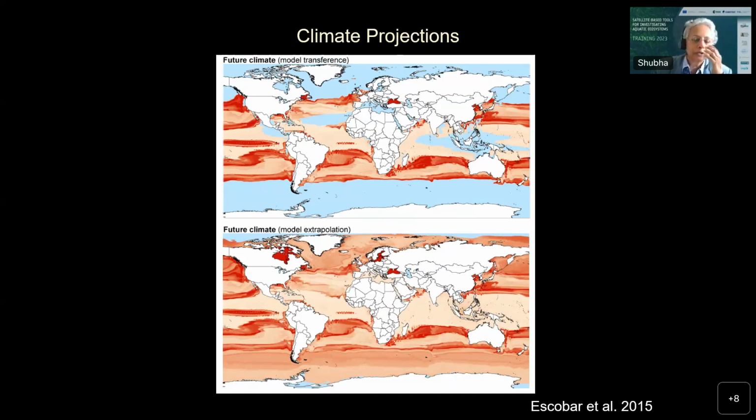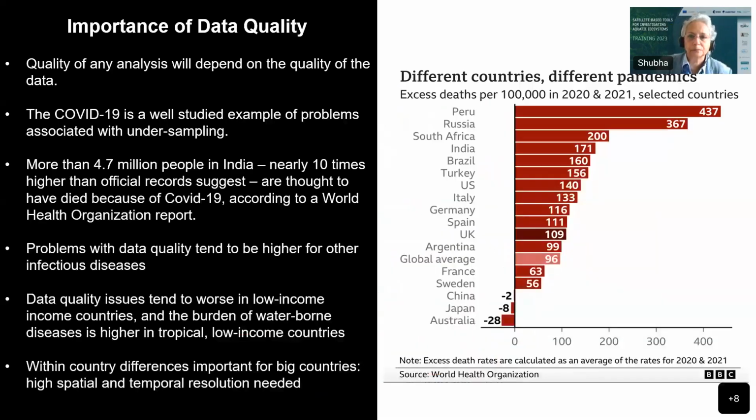The range of expansion of suitable environment may change depending on the prediction, but all predictions, according to their model, suggest a spreading of suitable conditions for these infections with increasing temperature into higher latitudes, northern and southern.